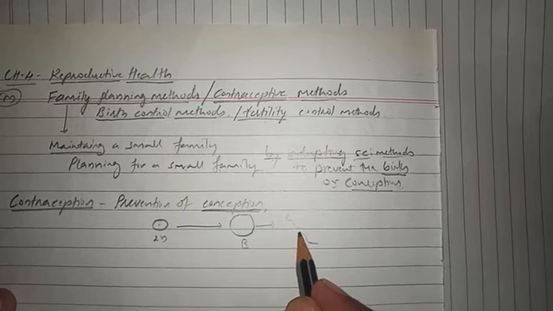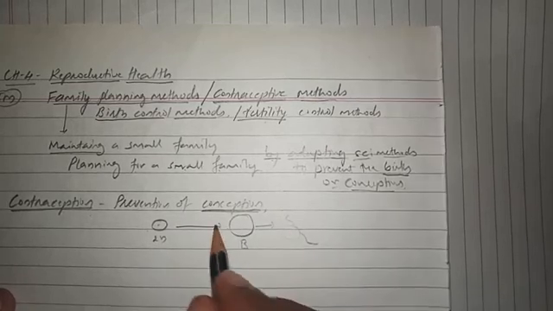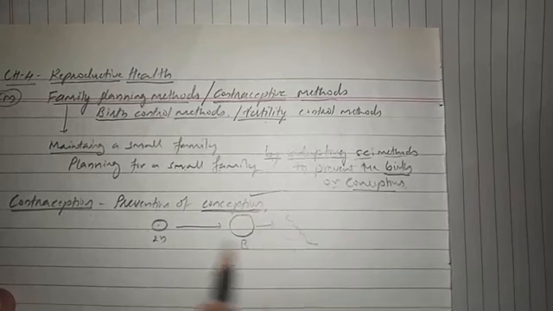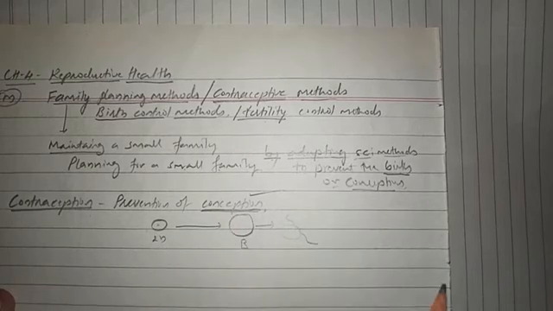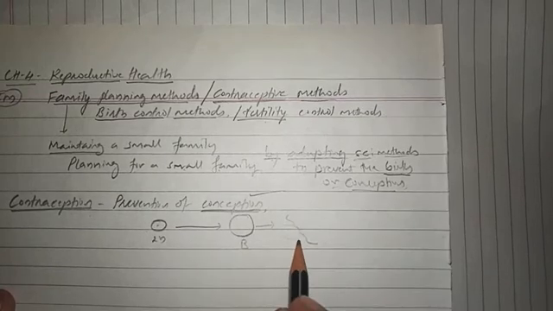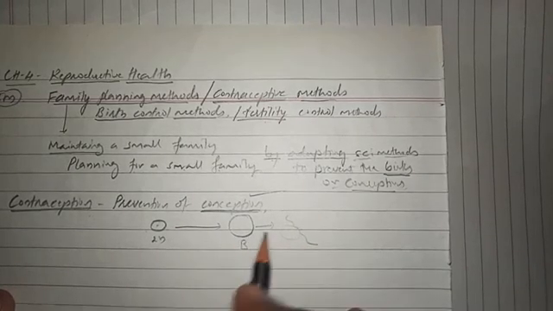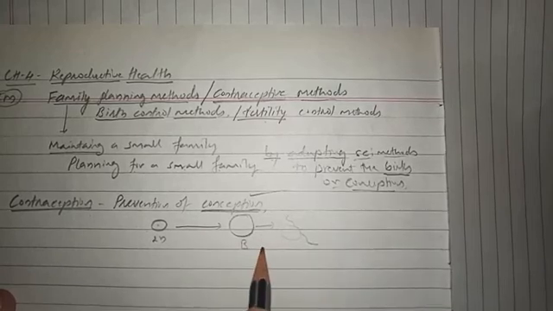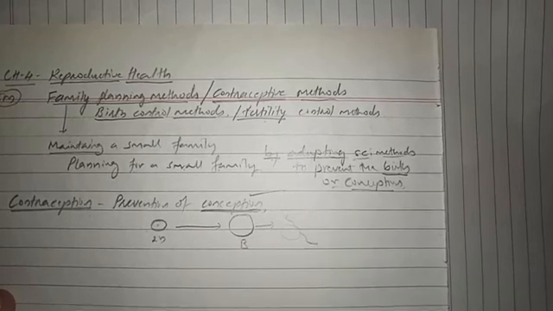This whole process is known as conception. Once it is attached to the wall, that process is called implantation. Once the implantation is over, pregnancy usually continues if the normal events happen.